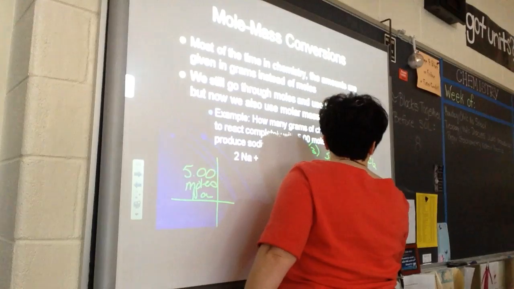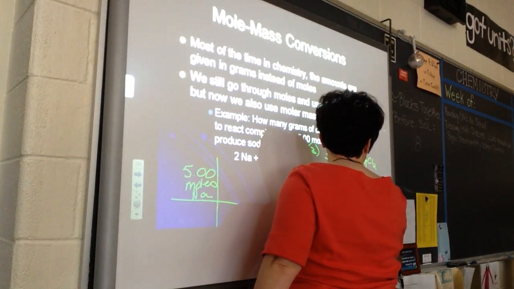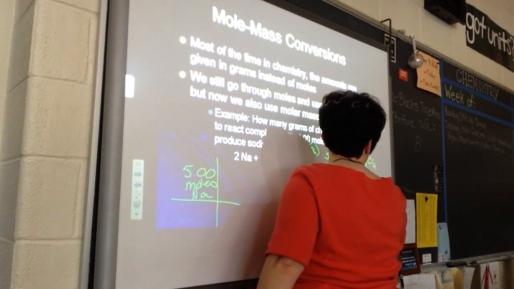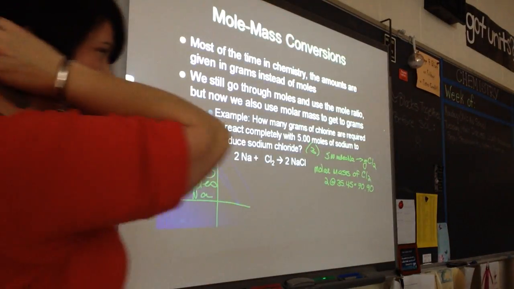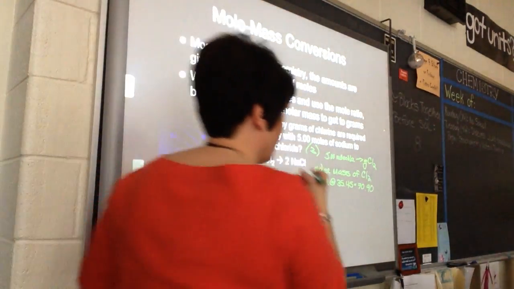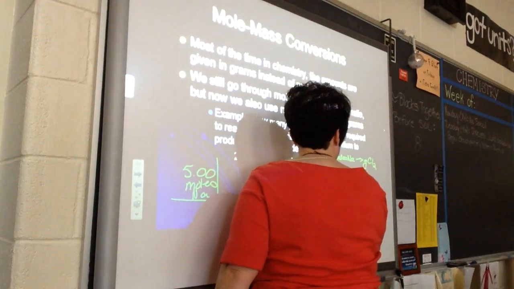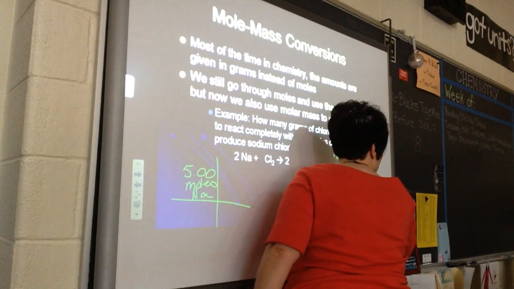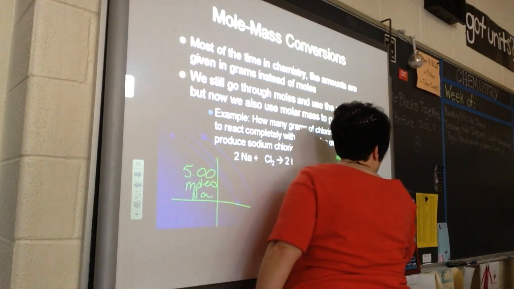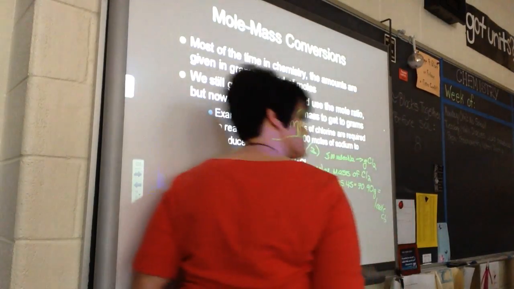Each gives me 70.90. Is that right? Molar mass, 70.90 grams of Cl2 is equal to 1 mole of Cl2. That's what molar mass means, yes?